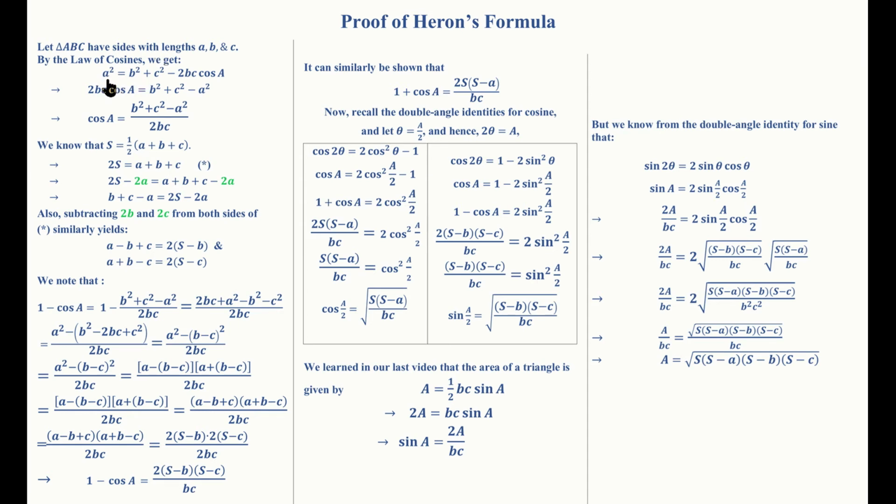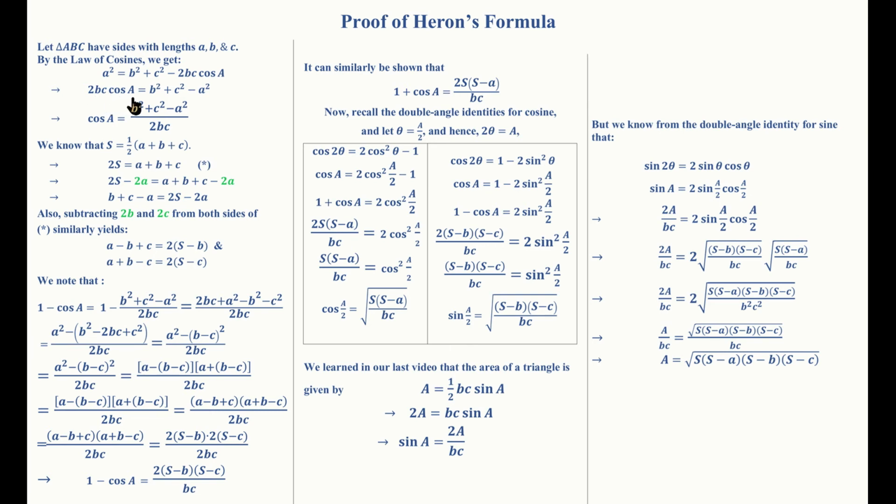So if we just start with a triangle ABC with sides of length a, b, and c, we just learned by the law of cosines that we can write a squared equals b squared plus c squared minus 2bc cosine A. Now, if we go ahead and solve this equation for cosine A, we can move this to the left side and it becomes positive.